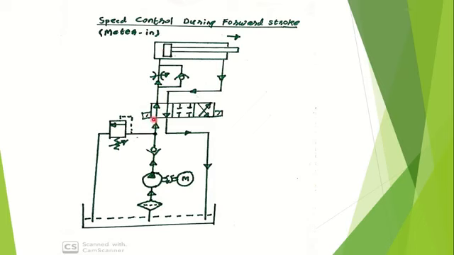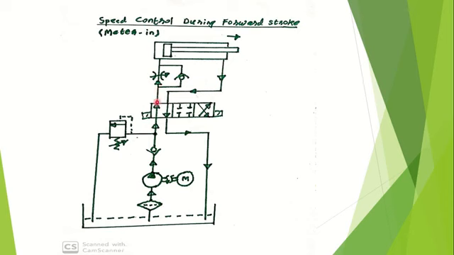So here I have selected a 4/3 direction control valve. It has 3 positions, that is forward, neutral, and reverse. This is called a meter in circuit, and similarly this is the circuit in which the speed is controlled during the forward stroke.